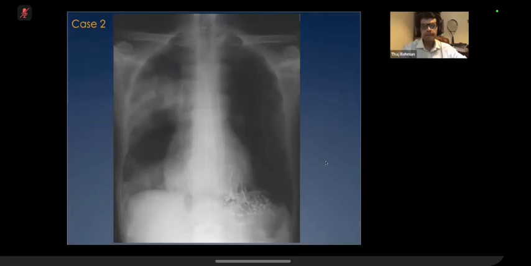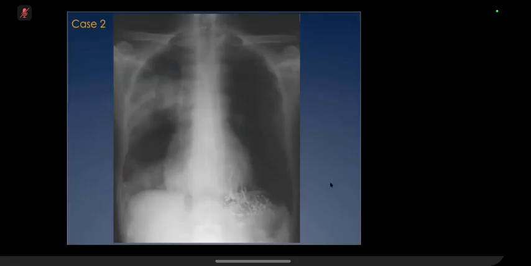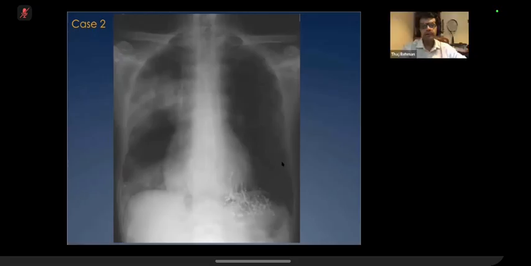The left side looks like an air bronchogram because the opacity is filling the tracheobronchial tree. I can see a central venous catheter in good position. What else can you see? What other iatrogenic device are you able to see?